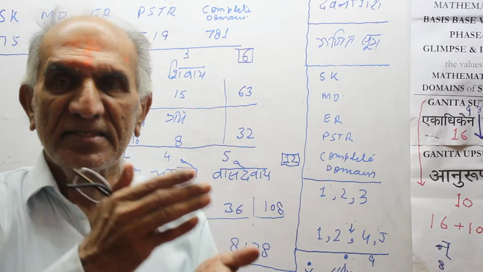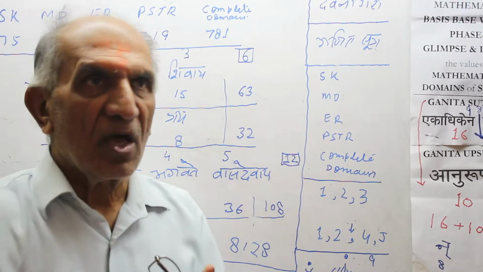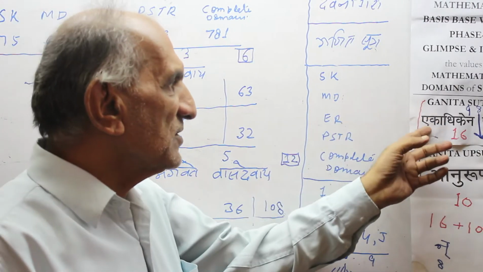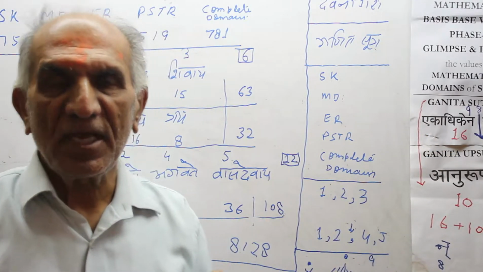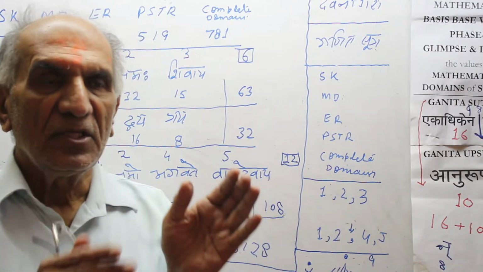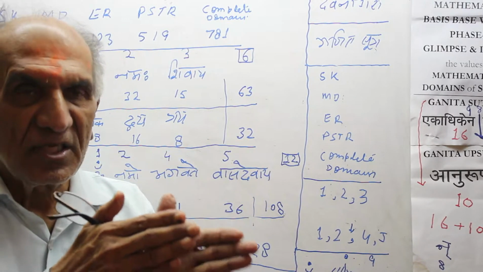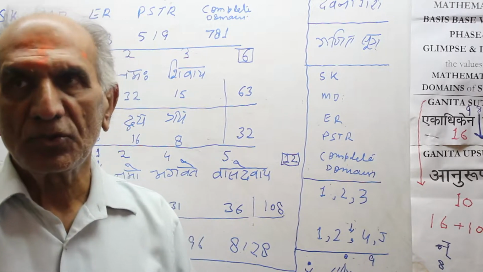The processing step range of Ganita Sutra 1 is in terms of the values of the first letter itself. However, the processing steps range of Ganita Sutra 2 is in terms of the first two letters of the text of Ganita Sutra 2.